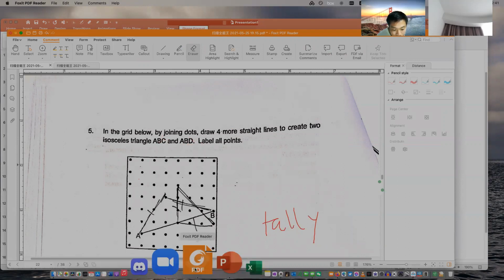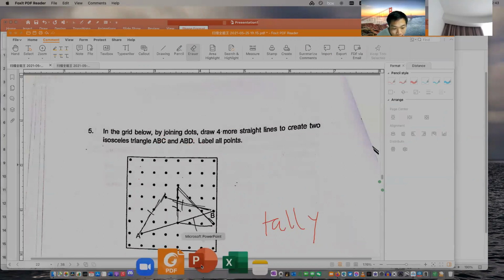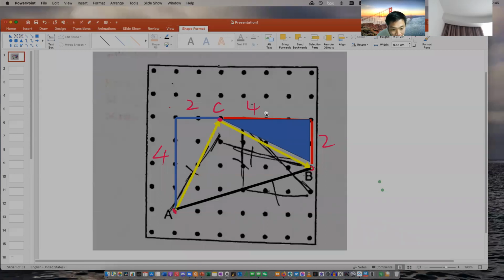Which point D, anywhere in the diagram, can you put such that you will get another isosceles triangle ABD? C is done already. Can you identify the dot in this diagram to put your D?